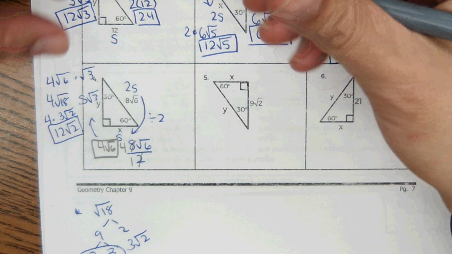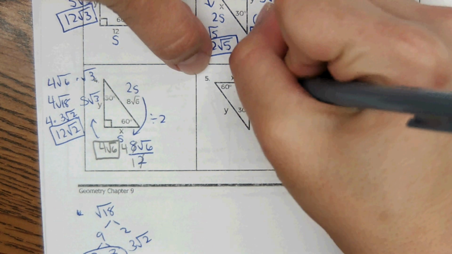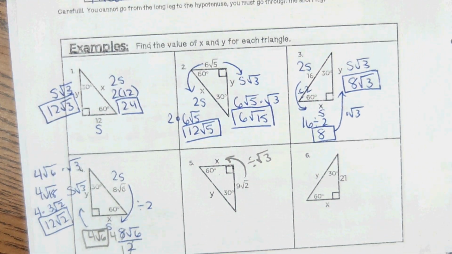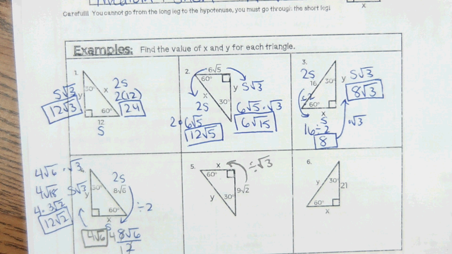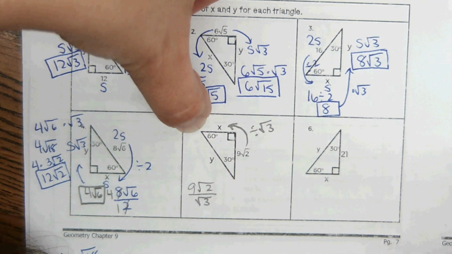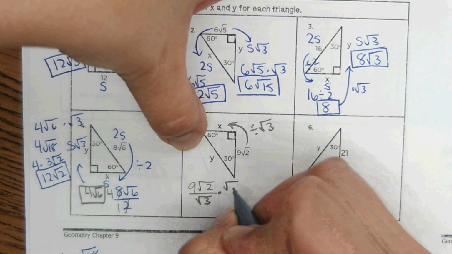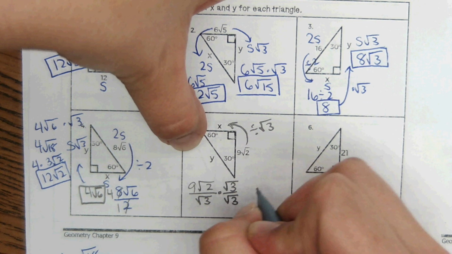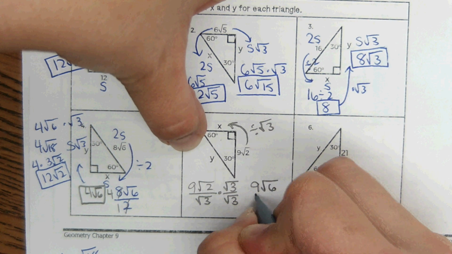Okay, so from here, we have our medium length to short. We have to divide by square root of 3. And if you have trouble figuring that out, you can use the instructions at the top too. So 9 square root of 2 divided by square root of 3. Then we have to get rid of this radical as a denominator. So I do 9 square root of 6 over 3.